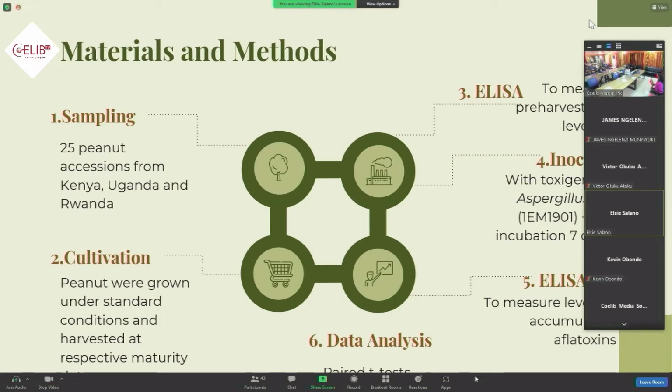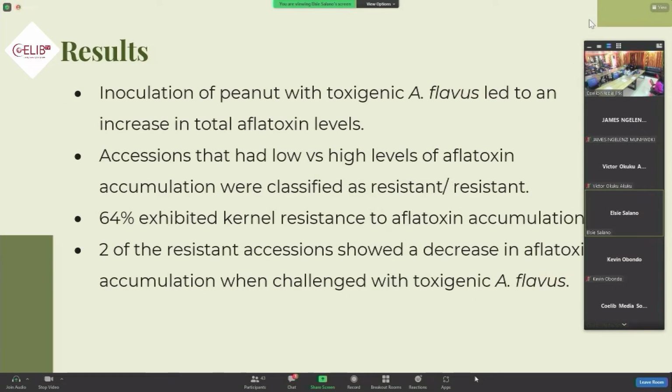After that, the infected kernels were subjected to another ELISA test to measure the levels of accumulated aflatoxins. Thereafter, data analysis was conducted, and paired t-tests were done to compare the aflatoxin levels before and after inoculation for each variety.